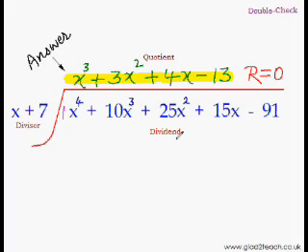So our dividend is minus 40. Similarly, the divisor is 1 plus 7, that is 8.